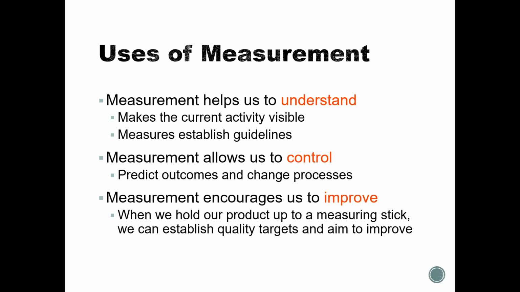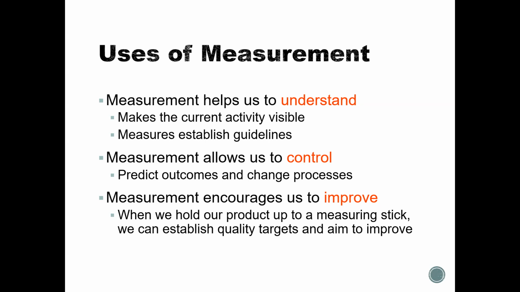Measurement also allows us to control. It can predict outcomes, and you can change the process. For example, in the whole software development life cycle, from requirement gathering to maintenance, you can control the process.